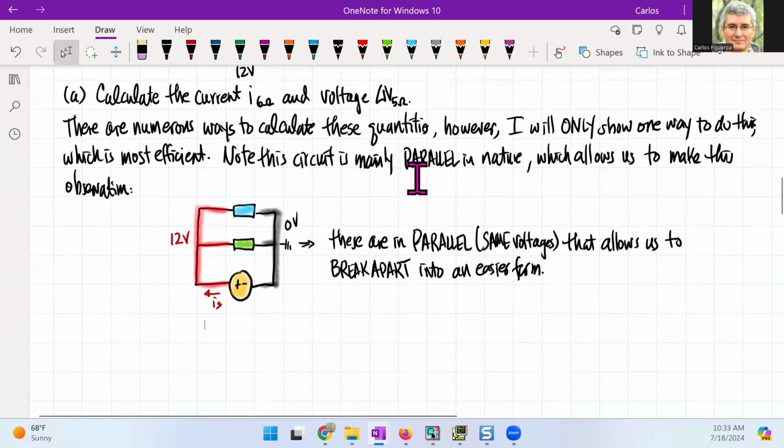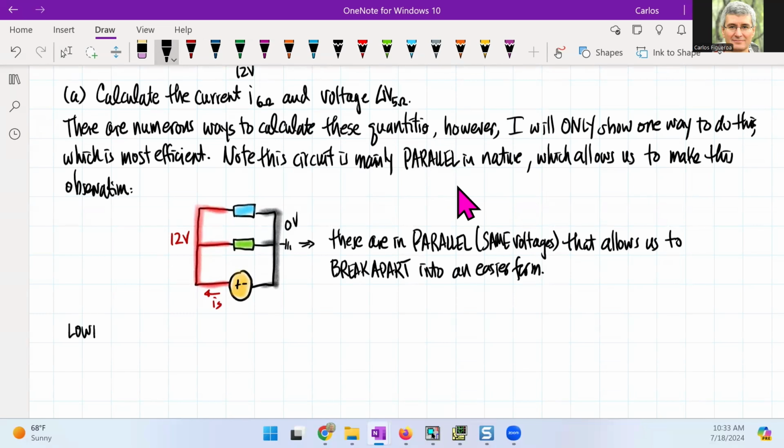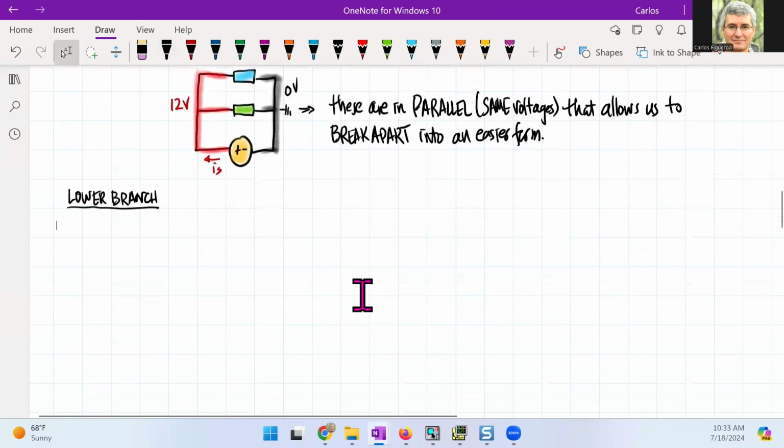The only way this makes sense is if we don't try to calculate the current around the loop. So then what I see here is that there's an upper and a lower branch. If I look at the lower branch, what do I see? I see a circuit that looks like this.